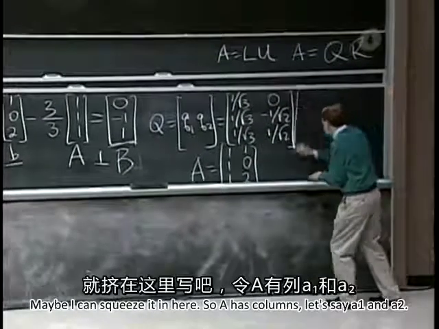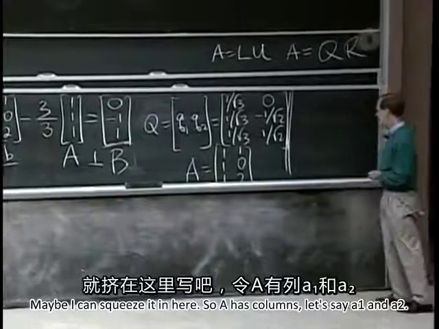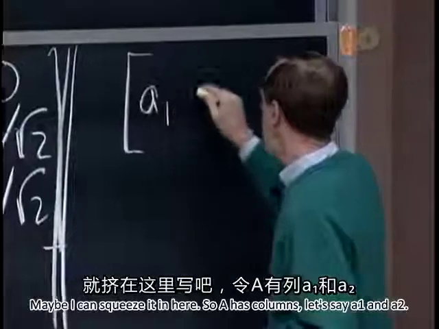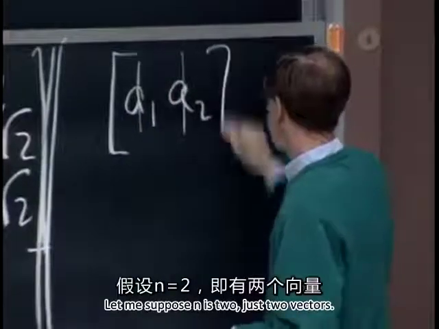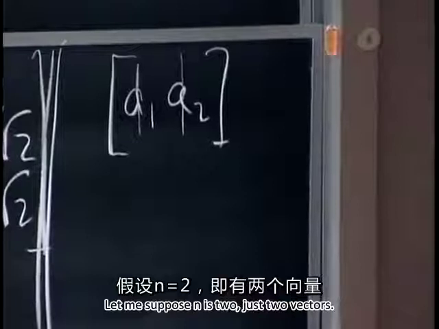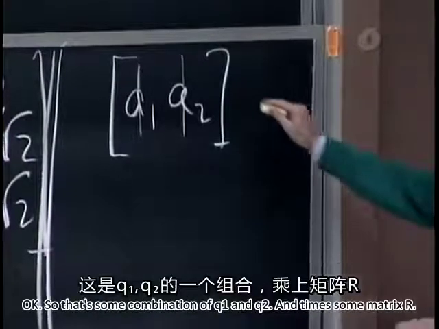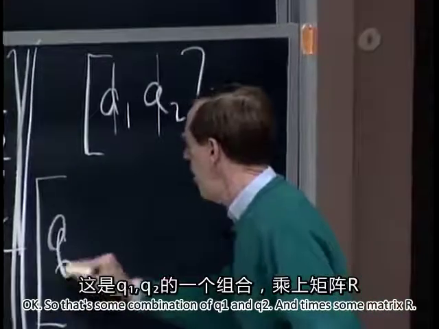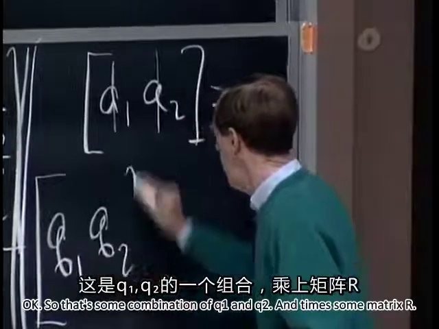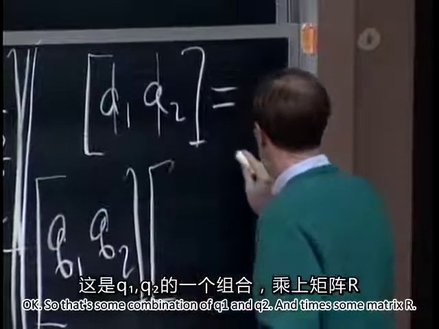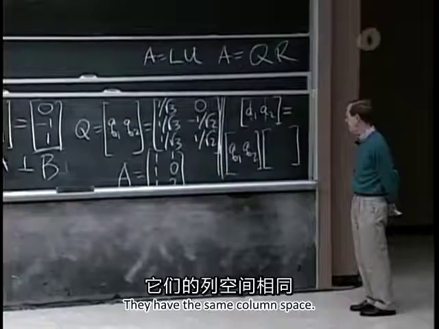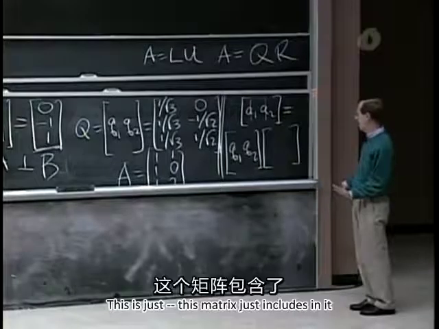Maybe I can squeeze it in here. So A has columns, let's say A1 and A2. Let me suppose n is 2, just two vectors. Okay. So that's some combination of Q1 and Q2 times some matrix R. They have the same column space.